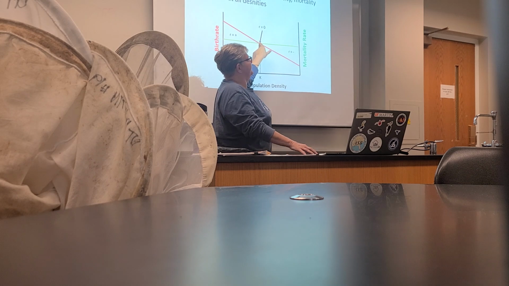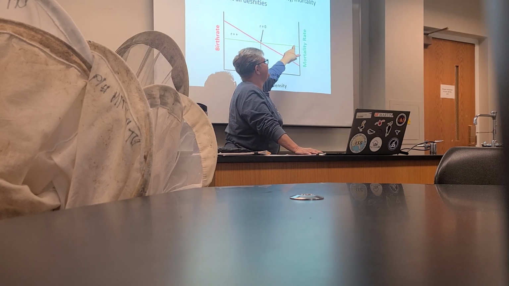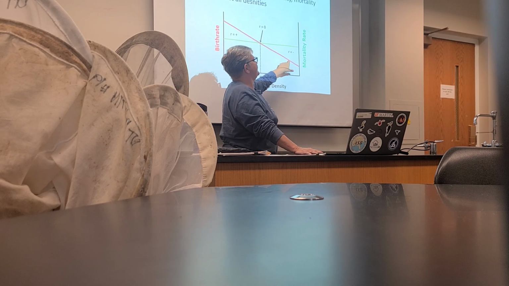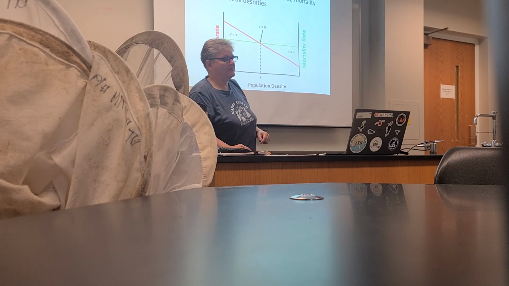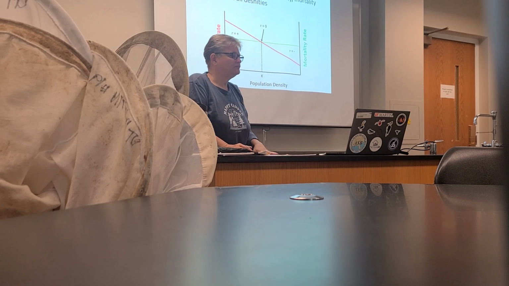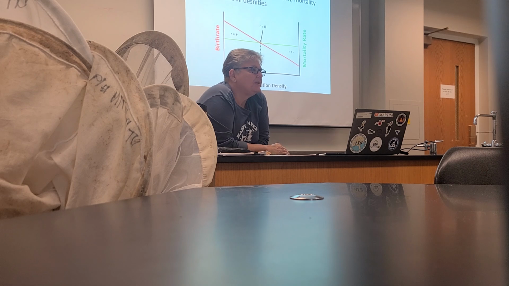And then if we go above the carrying capacity, now our mortality is higher than our birth rate, and so in this region we're going to be negative. Okay? So the only difference between this one and the past one is what we held constant.